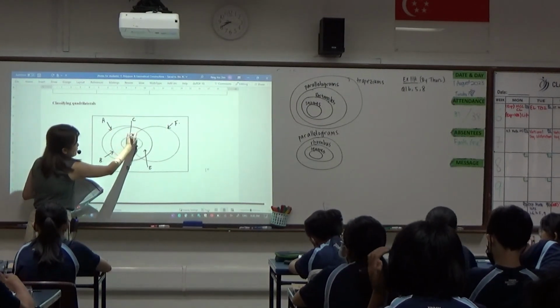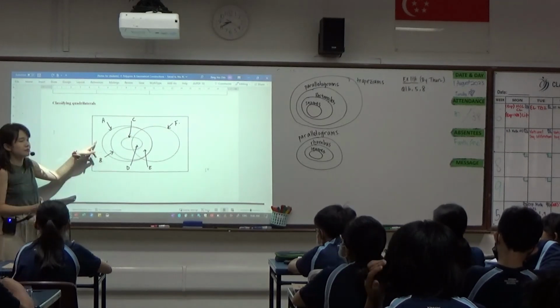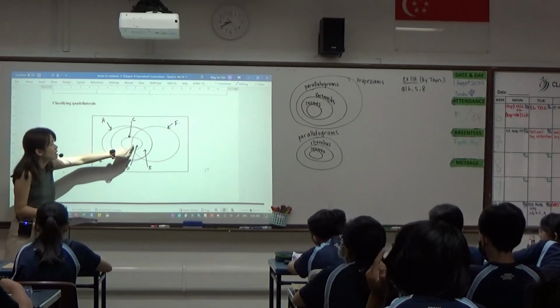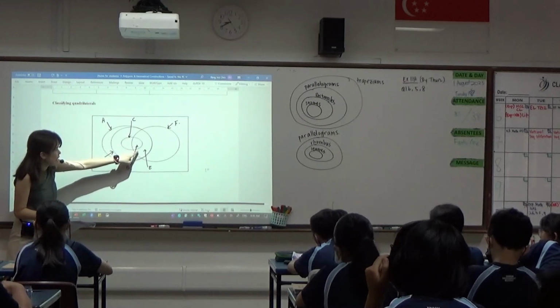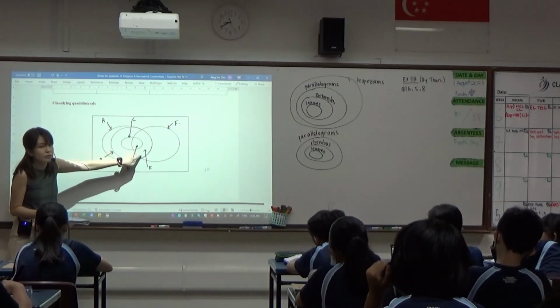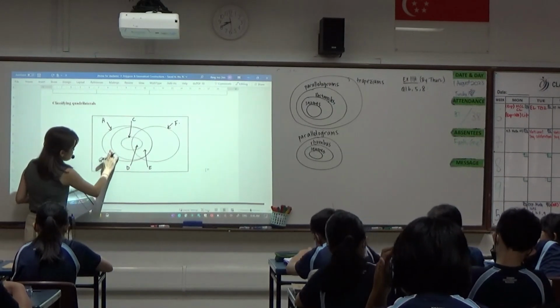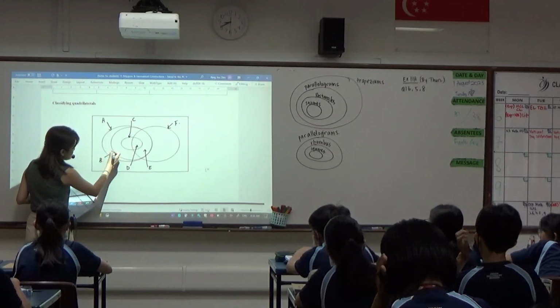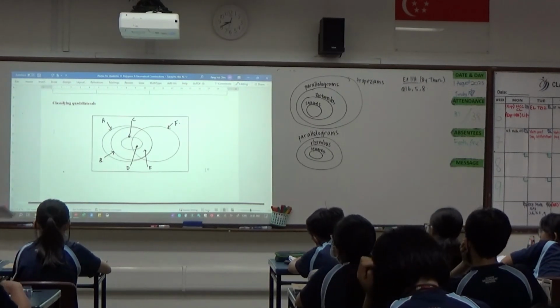For some, I'm indicating along the circumference of the circle or the oval, while other arrows sometimes point to some space. So this B, I'm referring to this.